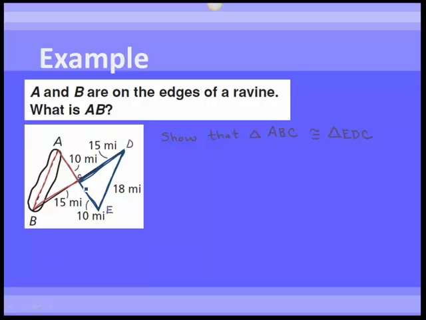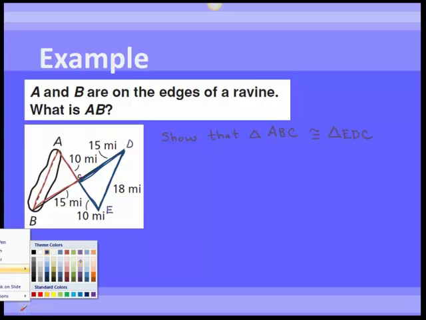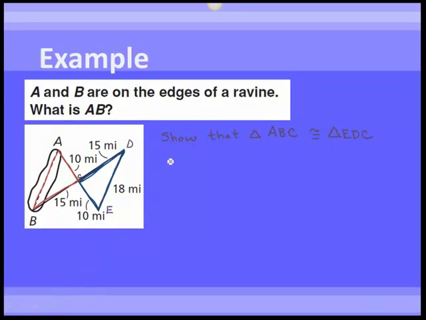Well, I notice I have some congruent parts. I know that this is 15 and that's 15. I know that this is 10 and that's 10. So first, I know that BC is congruent to CD because they're both 15. I know that AC is congruent to CE because they're both 10.